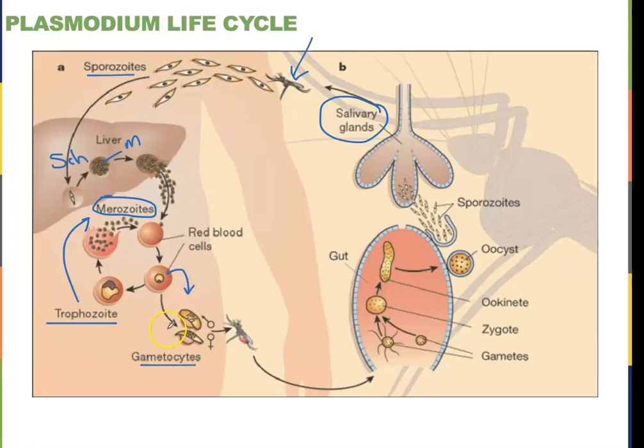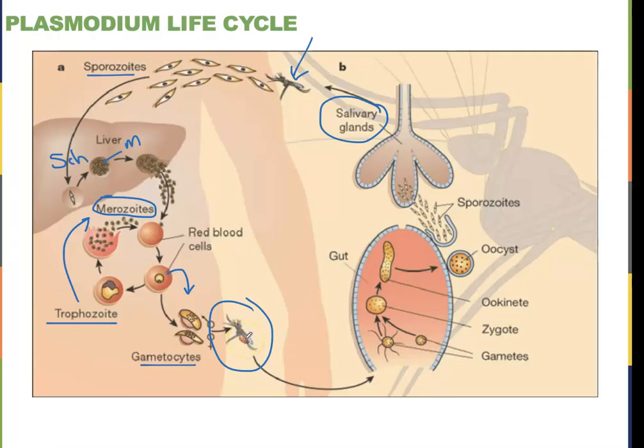Gametocytes. These gametocytes are just right alongside your red blood cells. It looks like sushi, doesn't it? But these guys, the male and female, are floating around in your bloodstream alongside your red blood cells. They're not actually inside the red blood cell anymore, they're outside. And if you have an uninfected mosquito, so this is a mosquito with no malaria inside, and it were to take a blood meal from you, the gametocytes can move into the gut.